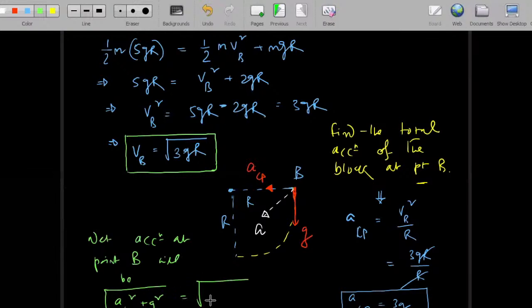So that is root under of 3G square, means 9G square plus G square. So it will be G root 10. Okay. Very interesting thing. Most of the times students used to commit the mistake. They think that at point B, acceleration due to gravity is G only. So it will be G.